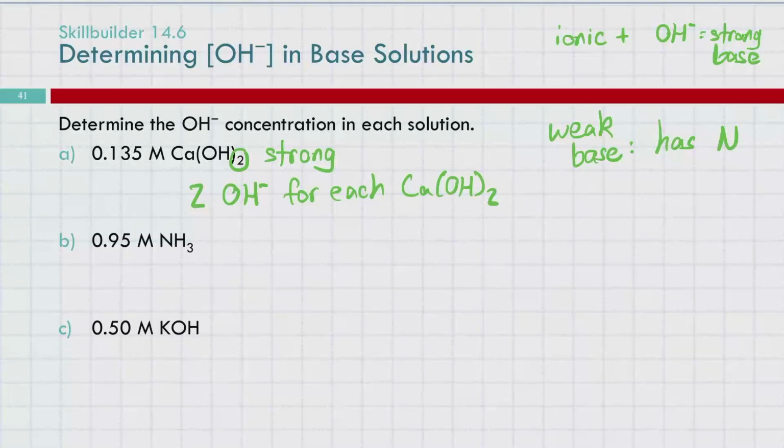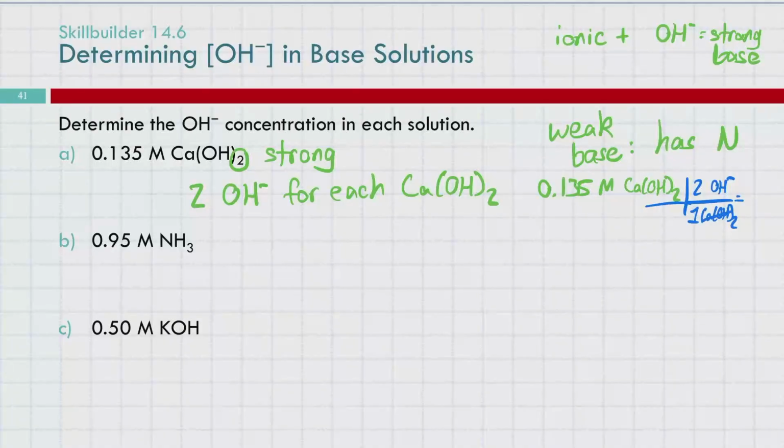So if we want to know what concentration of hydroxide we have in solution, because that's what we're looking for, hydroxide concentration. There's 2 hydroxides for each calcium hydroxide. We're going to multiply this 0.135 molar by 2. So 0.135 molar CaOH2, calcium hydroxide. There's 2 hydroxides that will be produced for every 1 calcium hydroxide.